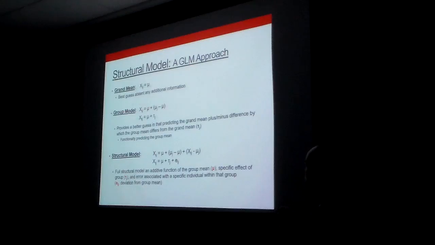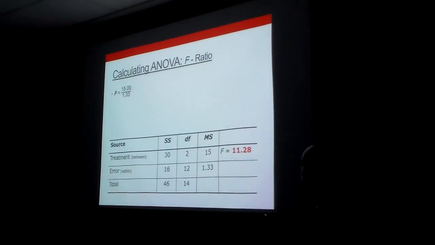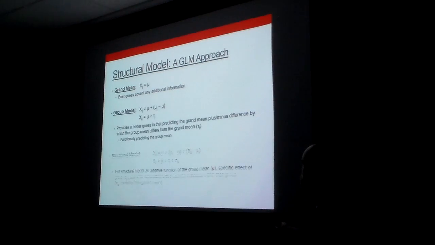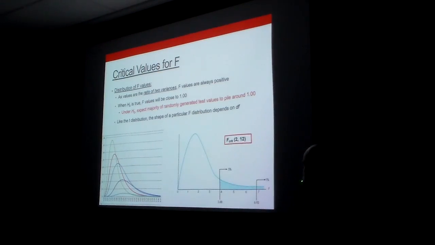Our actual value that we got was 11.28, which is way out there somewhere, right? So John, what decision do we make based on this test? We would reject the null. We would reject the null hypothesis, right?